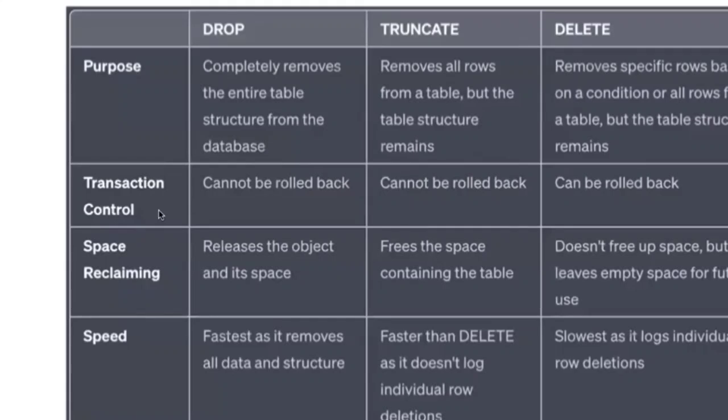Whatever other differentiations you give are very basic, very common, and most people know about them. But with respect to the transaction control, space and speed, these will be the three differentiating points the interviewer is expecting from your side.